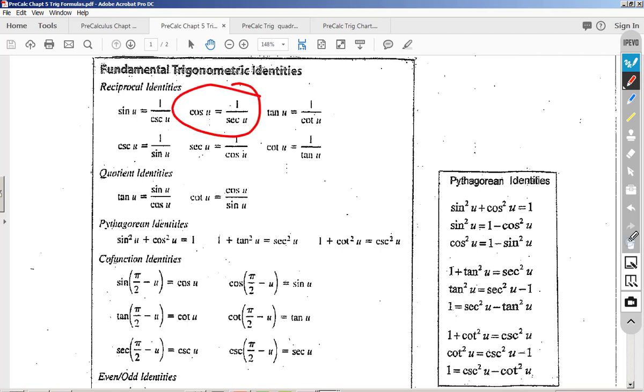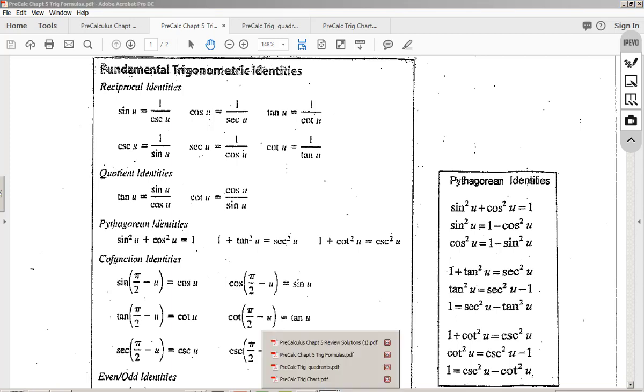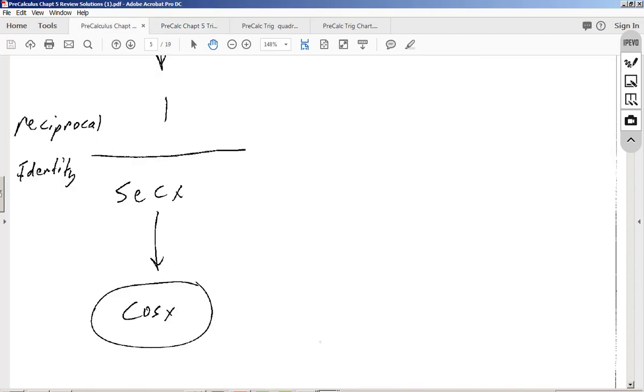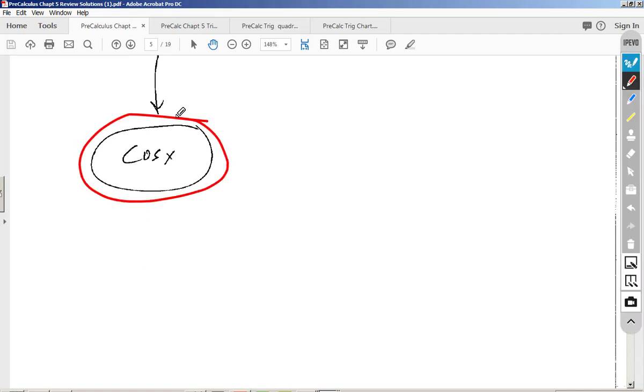So that's my next step. Using that reciprocal identity, I'm just going to go ahead and change that to the cosine when I flip it up top. And so there's my proof that the cosecant squared of x minus cotangent squared of x divided by the secant of x all equals the cosine of x.